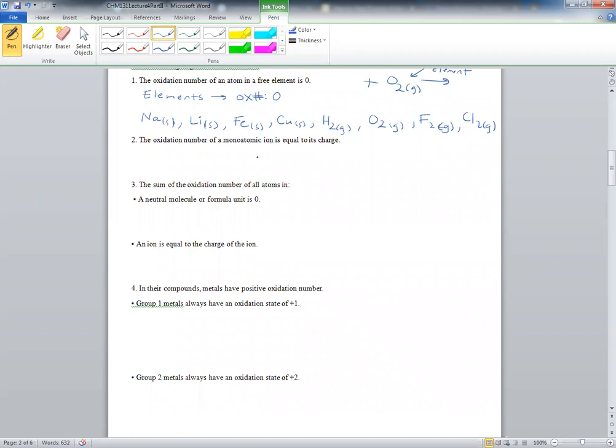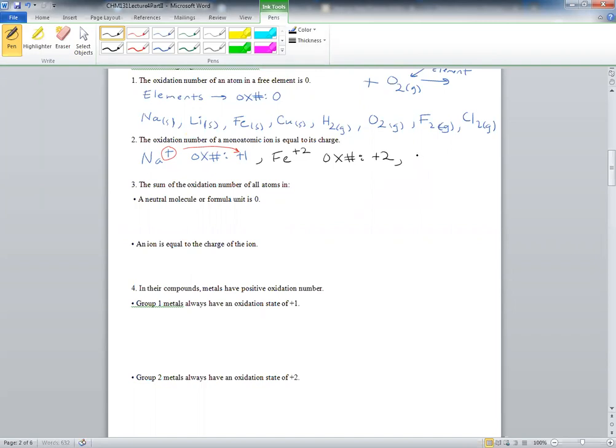The oxidation number of a monatomic ion is equal to its charge. If you have sodium plus, that indicates that the oxidation number is +1. So just look at the charge. If I have Fe 2+, what do you think is the oxidation number? Yes, it's +2.